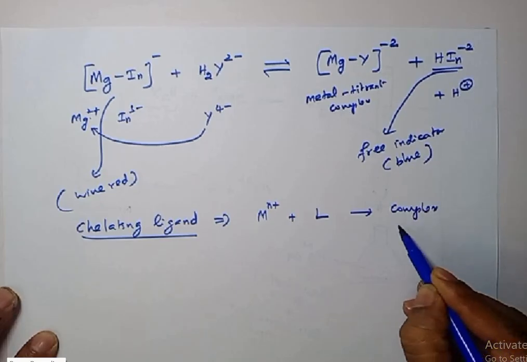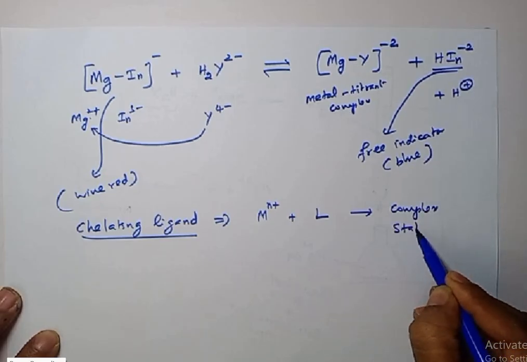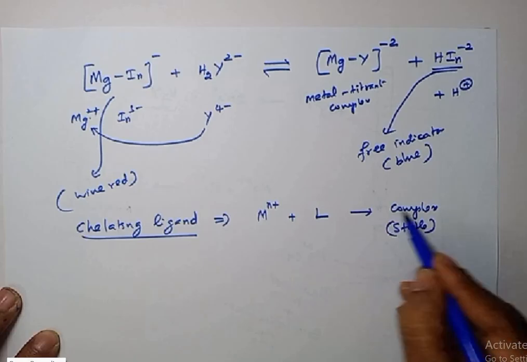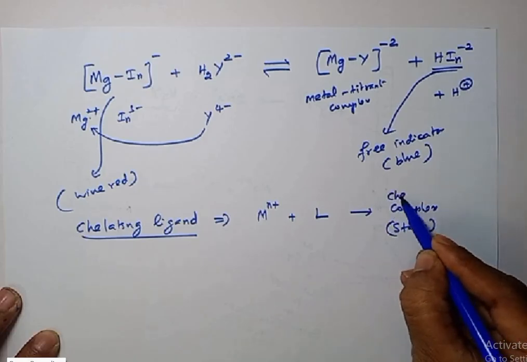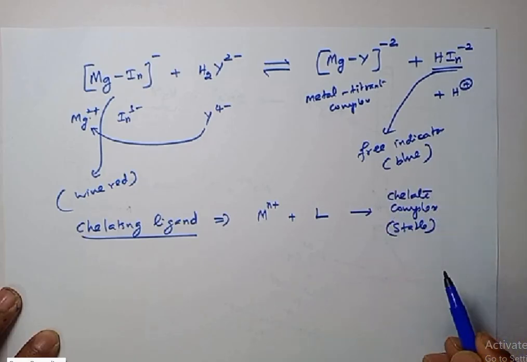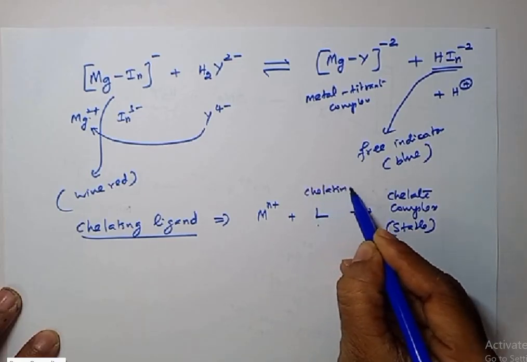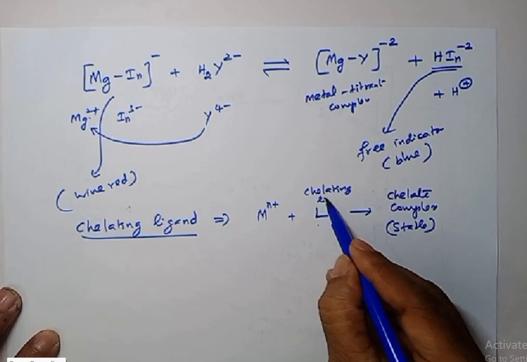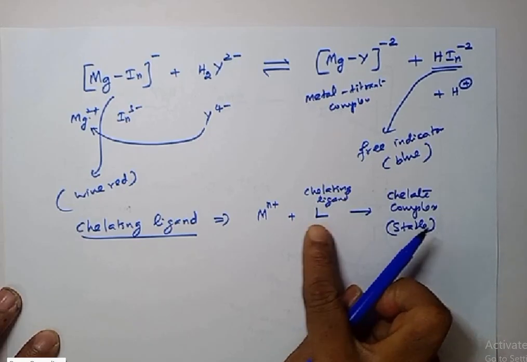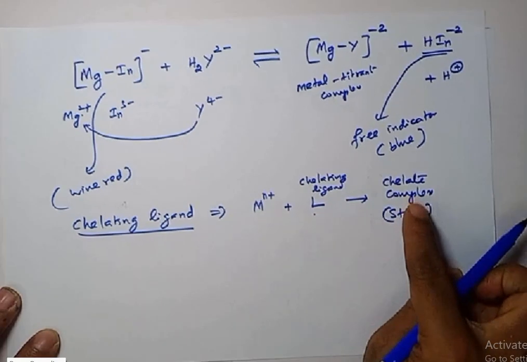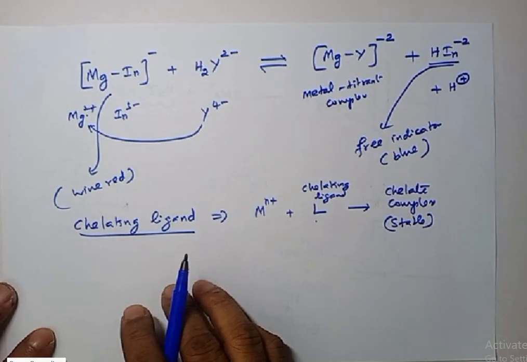That complex is generally stable. We call the complex a chelating complex or chelate complex. This ligand is a chelating ligand. When a chelating ligand combines with the metal, it forms a chelate complex. Chelate complexes are generally stable.